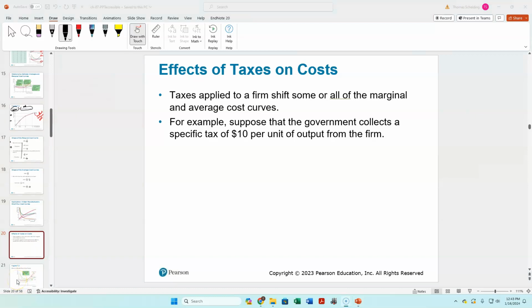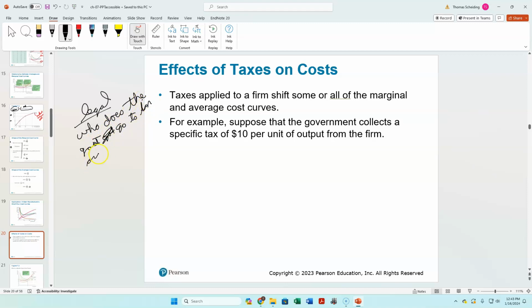So one of the things, and we've looked at it a little bit earlier when we looked at the demand and supply graph, would be we can look at what effect imposing a tax has on the firm. Remember, there's a difference between the legal incidence of the tax and the economic incidence of the tax. And we are not talking about the legal incidence, in the legal we're talking about who does the government go to in order to get paid.